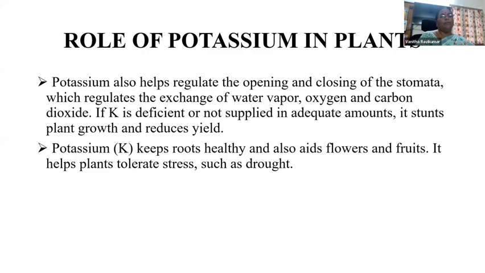Stunted growth occurs, so the yield is less. Root health is also improved by the application of potassium, and flowers and fruits grow well. It also helps to tolerate stress and drought.